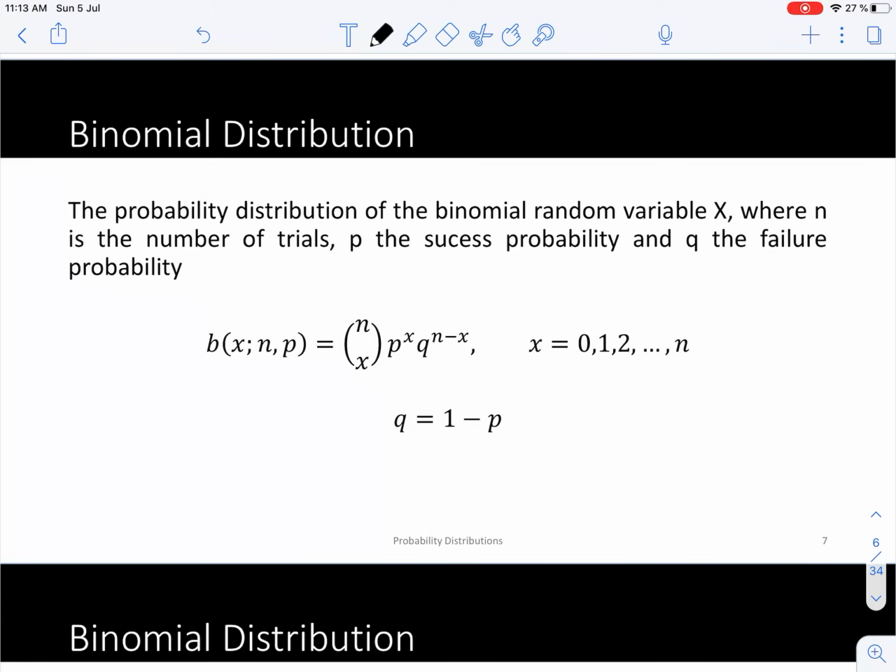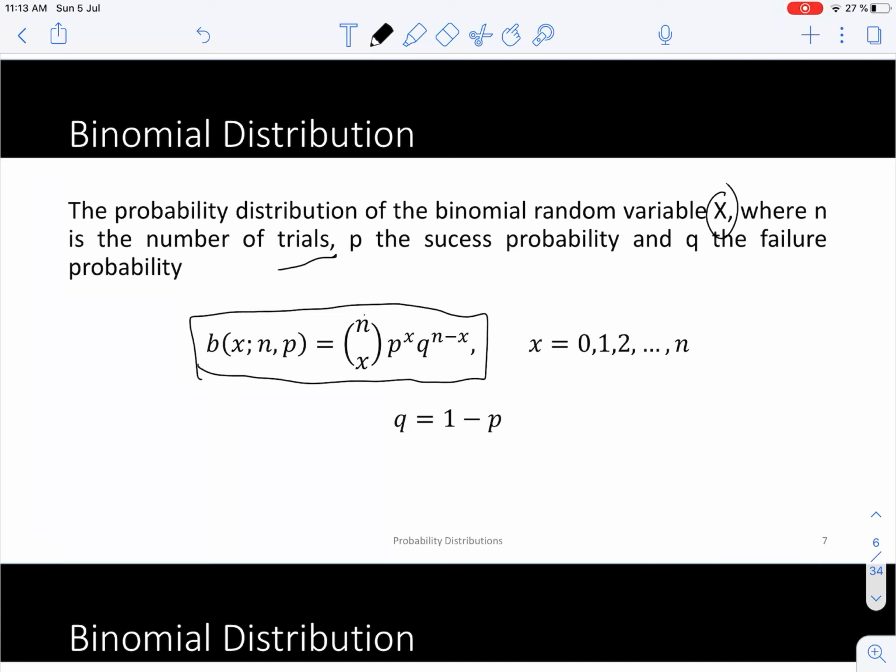So in this case, the random variable x will refer to the number of successes in n trials. Again, here in the binomial distribution, x will be the number of successes in n trials. So there is a general equation for the binomial.